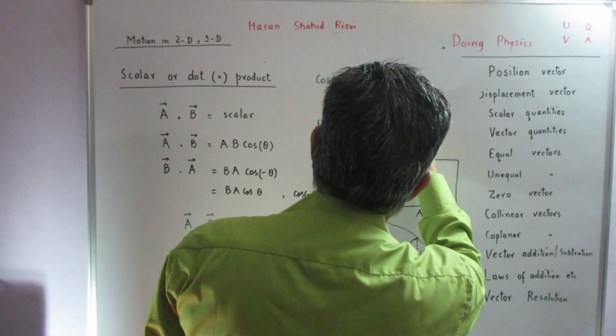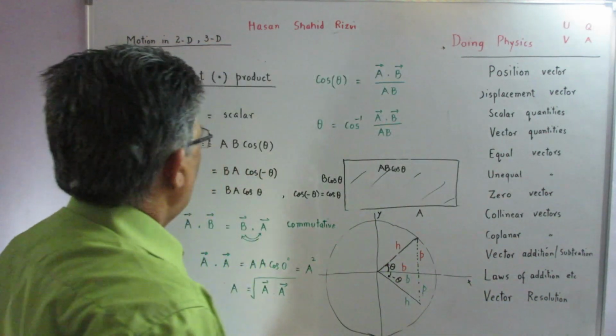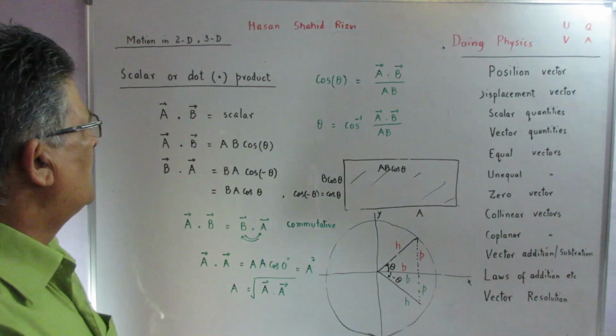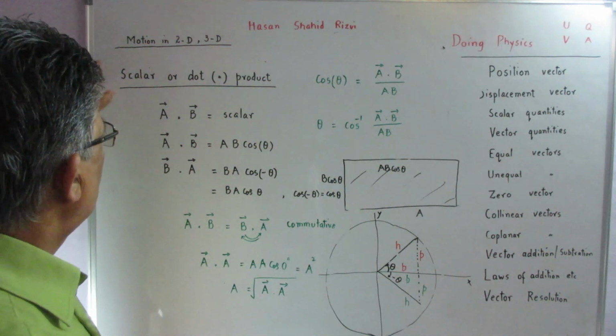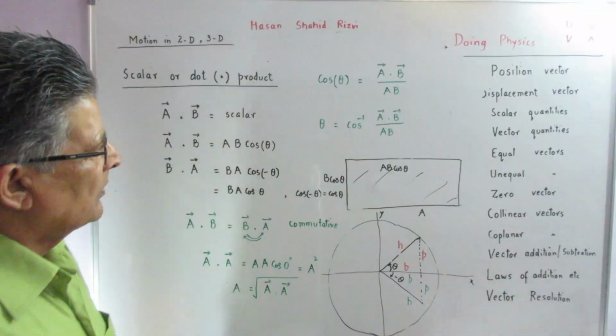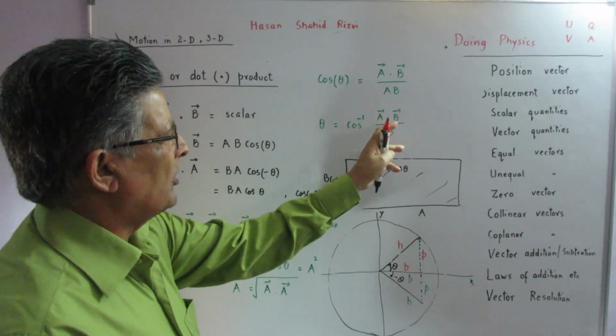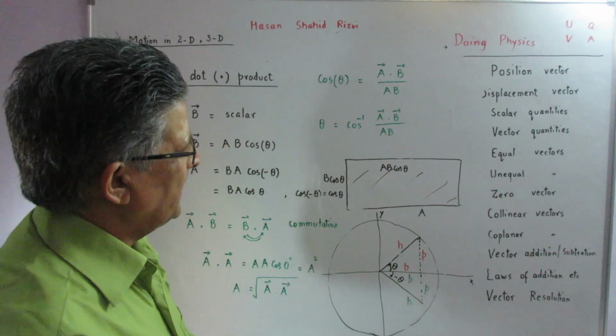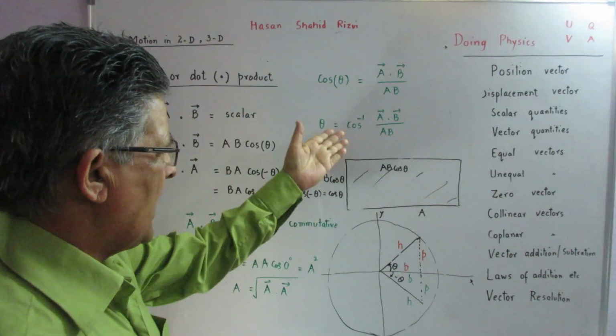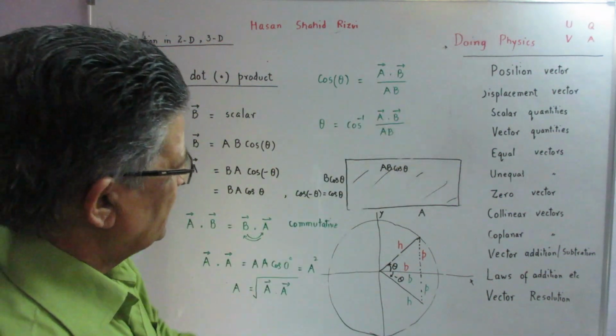I'll now move on to the beautiful other product, the third product for a vector. So theta will turn out to be cos inverse A dot B divided by AB.